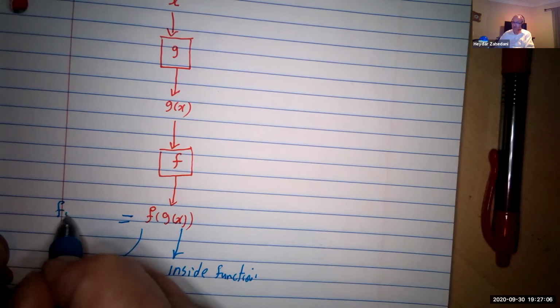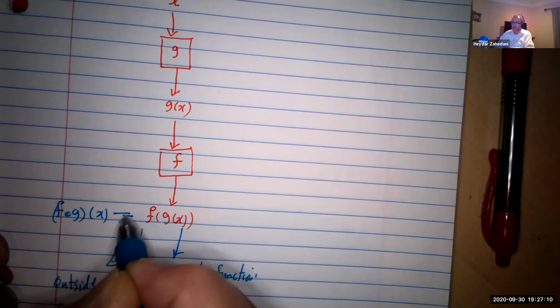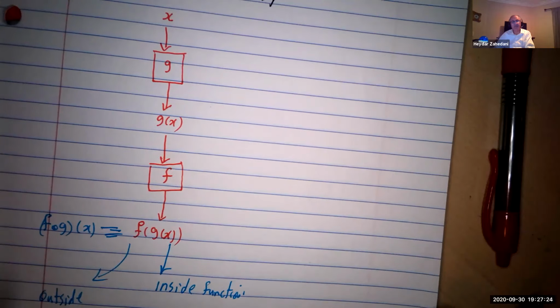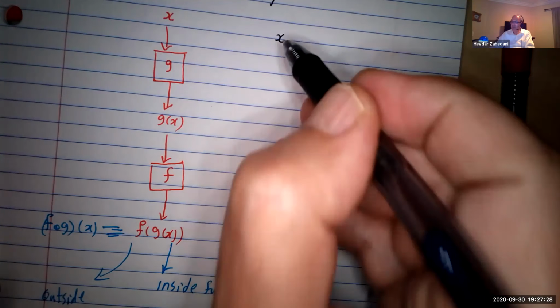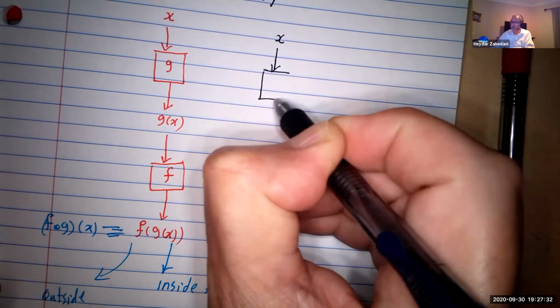This is the one that we denote by (f∘g)(x), which is equal to f of g of x. It means g happens first, then you apply f. Any questions? You may do it the other way around. You may get the x, but apply f first.